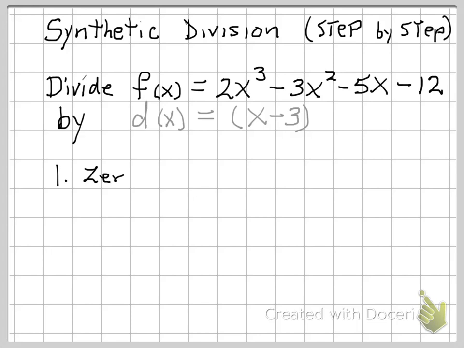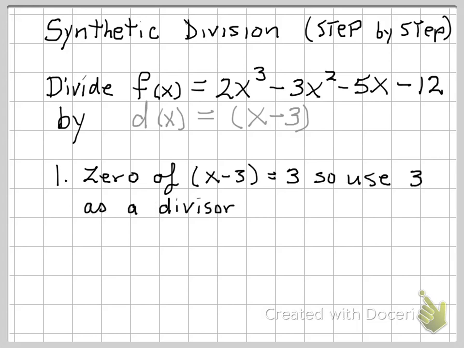Now, since the 0 of x minus 3 occurs at 3, that's what we're going to use as the divisor. I'm going to try to color code this a little bit. As you see, the 3 is our divisor, so that's step 1.